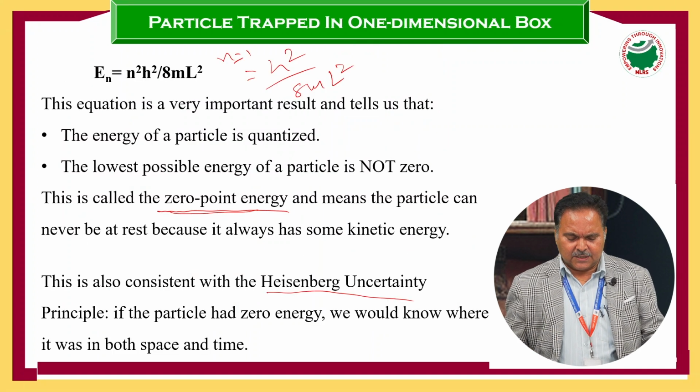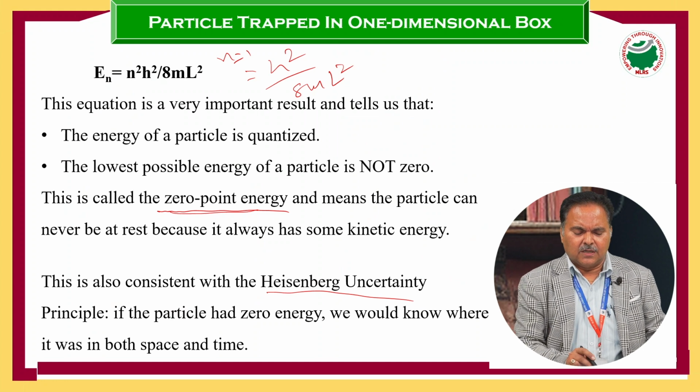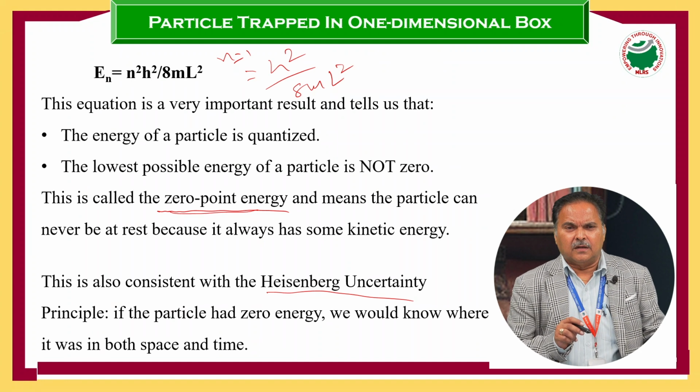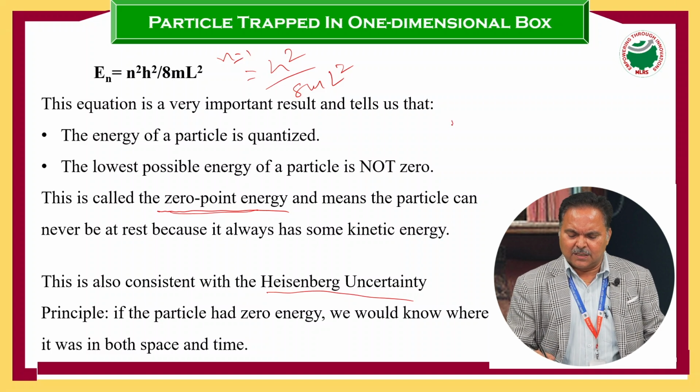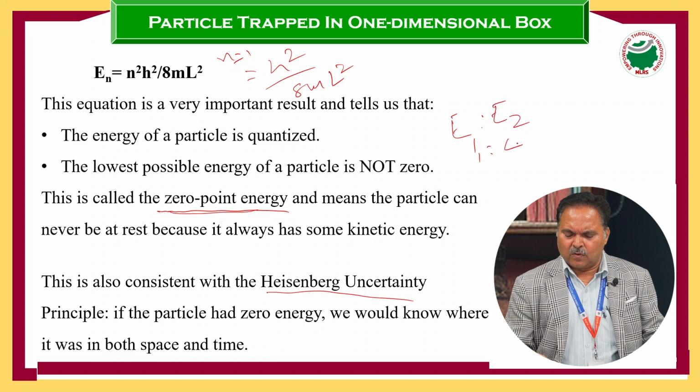So the one-dimensional box energy equation is this one. You can calculate the zero potential energy and the first excited energy level, how much it will be, the second excited level, the third excited level. If you know the zero potential energy, you can calculate E1 is to E2, it will be 1 is to 4, because for n is equal to 2, 2 squared is 4.